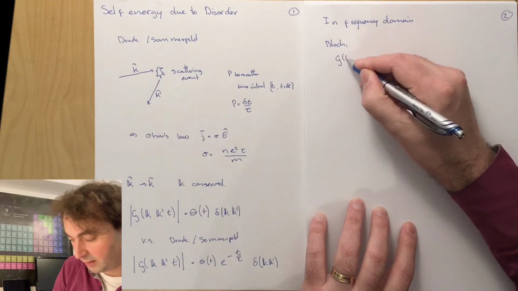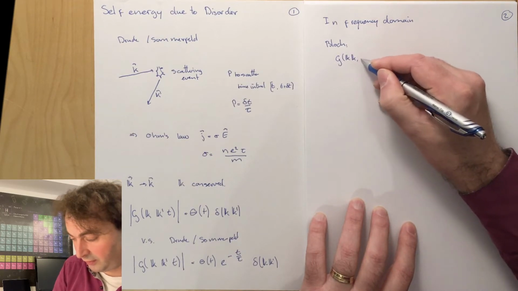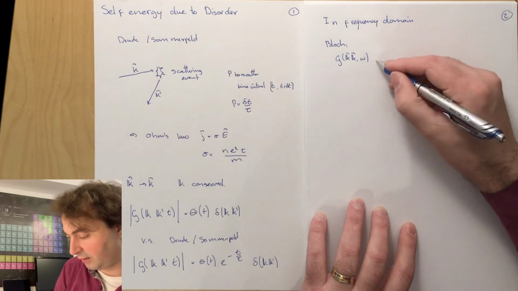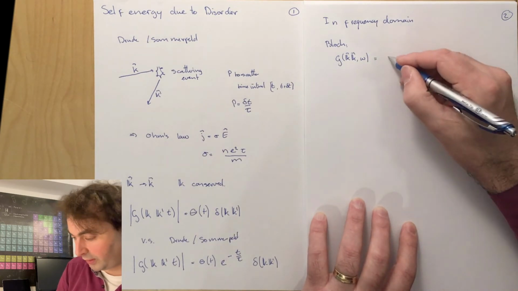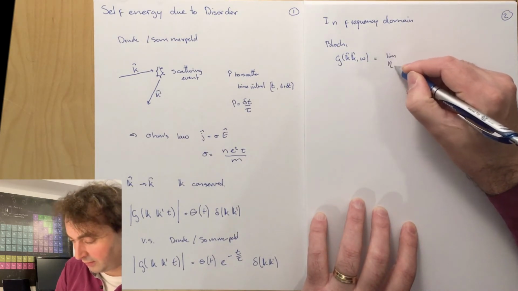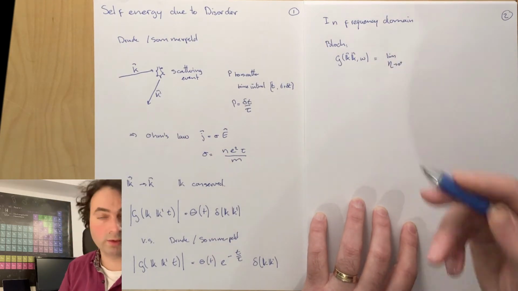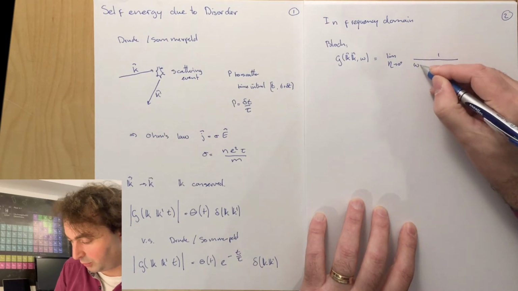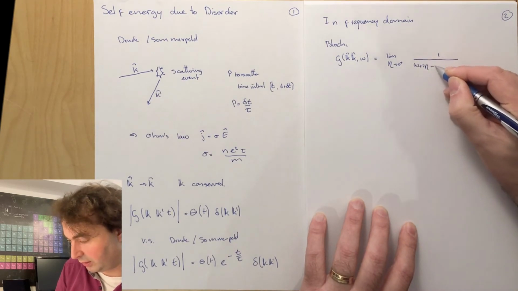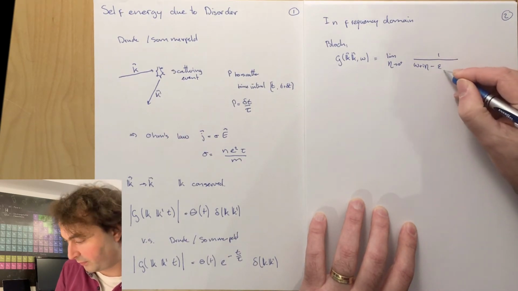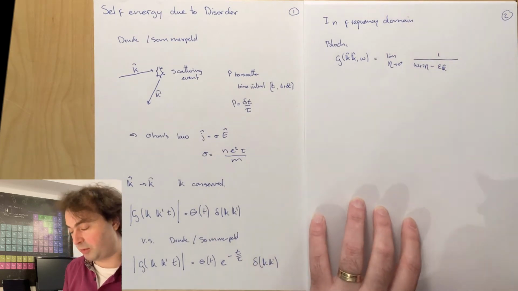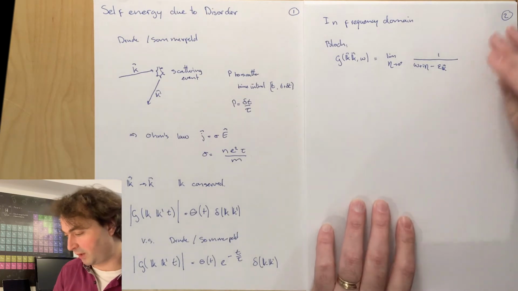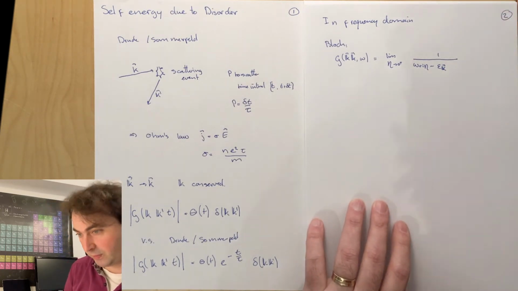And there we can say that our Green's function, where we create and annihilate a particle with crystal momentum k with energy omega, is the limit of eta to 0, and we put our poles below the real axis, of 1 over omega plus i eta minus epsilon k, where epsilon k describes the energy momentum dispersion of our electrons.